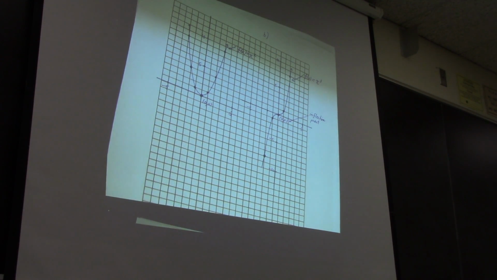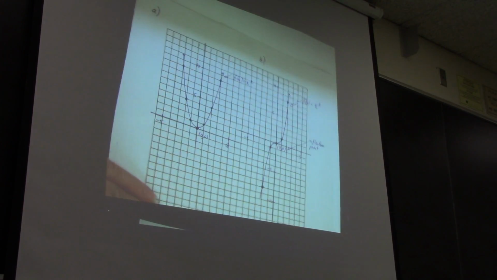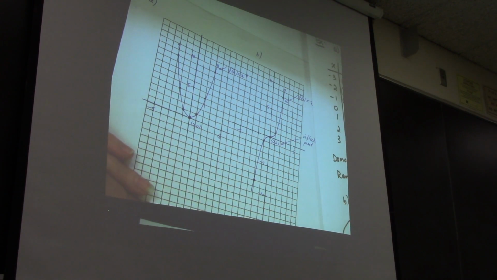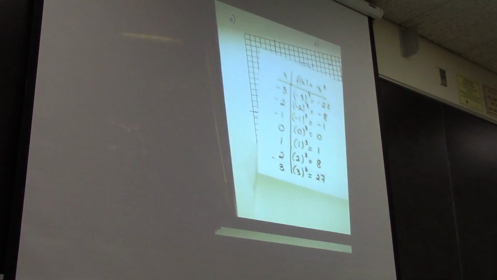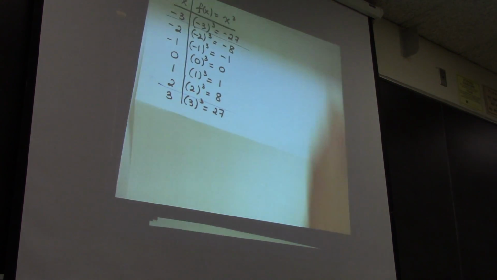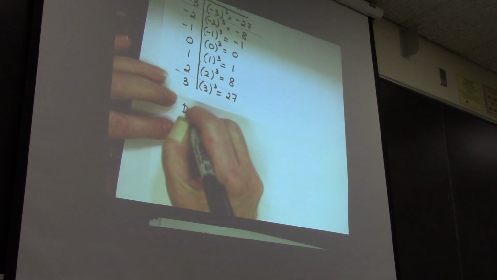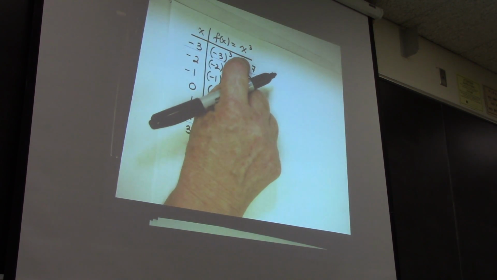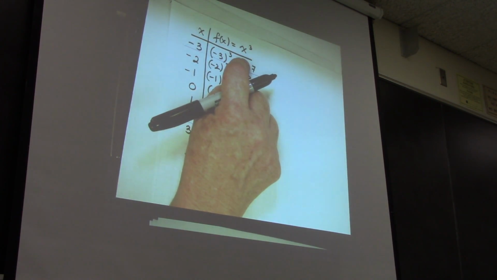Okay, now let's see. Let's get the domain and the range of the function from the graph. First of all, the domain we can get just from the equation. So what's the domain of f of x equals x cubed? All real numbers.